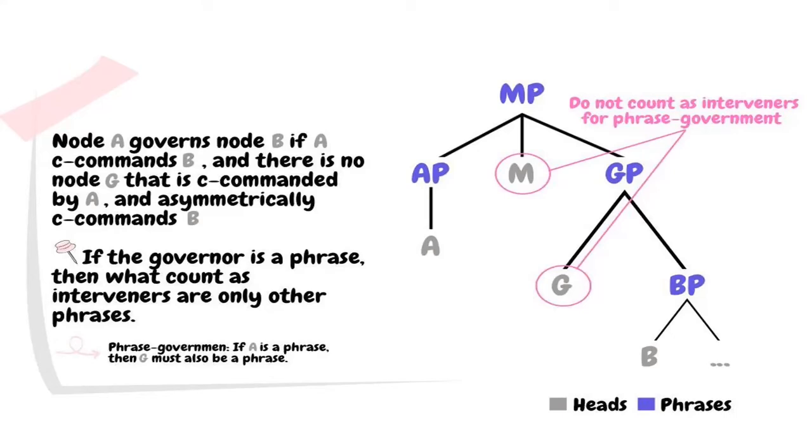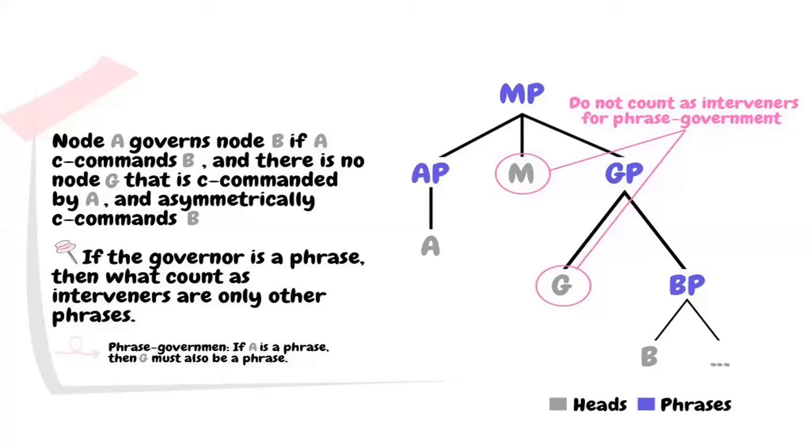Yeah, this is a good question. Do we consider GP and BP as interveners? Because here we are asking about AP, and AP is a phrase, so the intervener needs to be a phrase. Bushra?